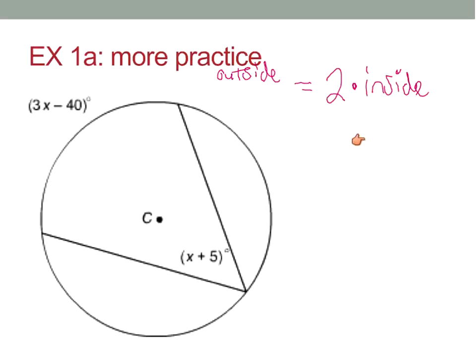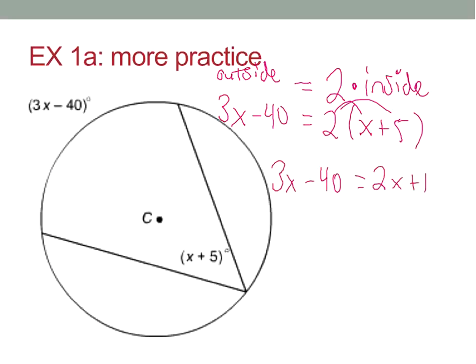So now we're going to fill in our numbers here underneath it, and it's going to make sense. My outside is 3x minus 40. And my inside is x plus 5. What would I have to do to solve? What would be my first step? Okay, not divide by 2. I would want to distribute first.